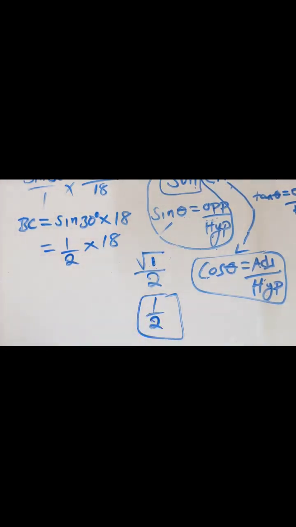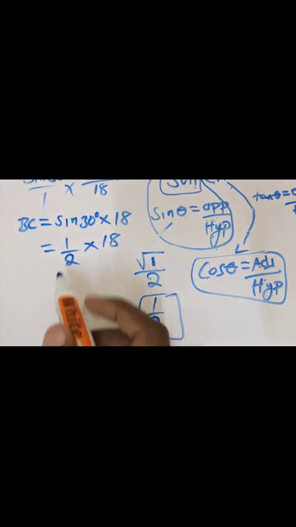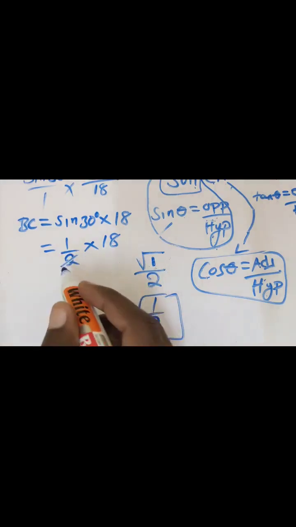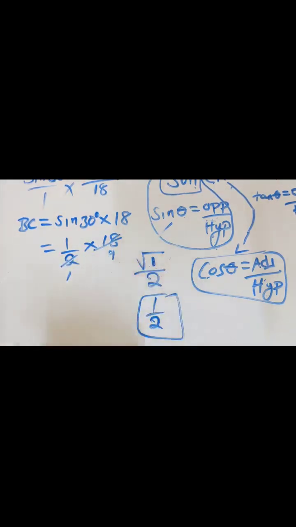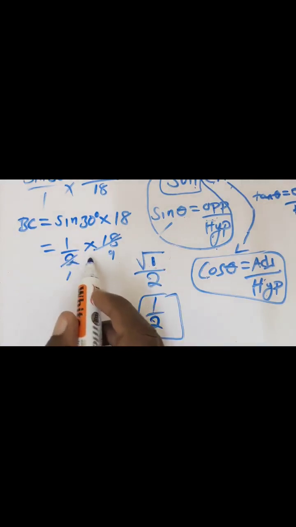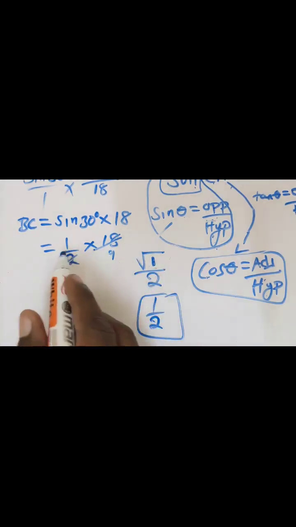So this now, it is just simple. It is just a matter of multiplying and dividing. So we are going to divide 2 into 2, it's 1. 2 into 18, it's 9, like that. So meaning that we are going to multiply 1 by 9.